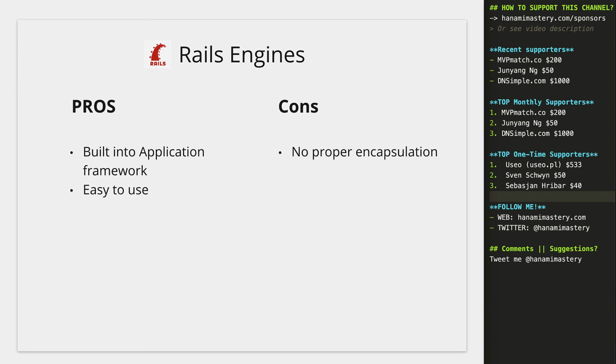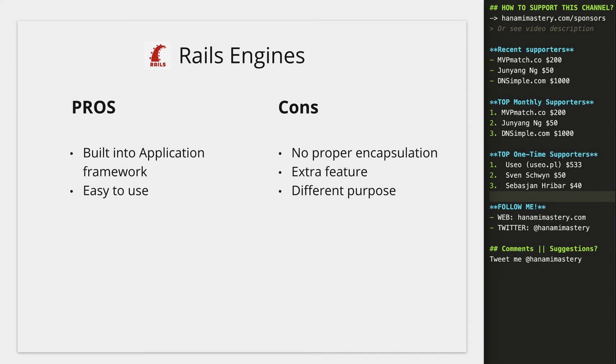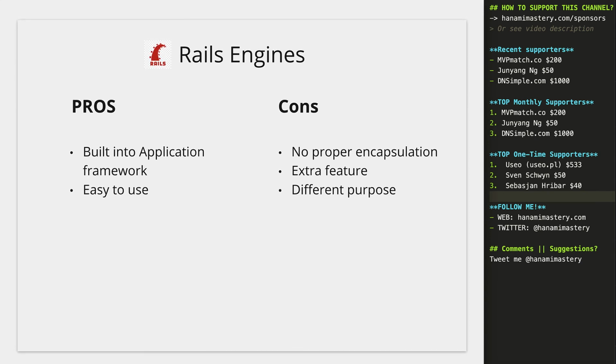Moreover, engines were never the main way of creating Rails applications, in contrast to Hanami slices, where slices are used by default and completely encapsulated. Finally, the purpose of engines is quite different. They're meant to inject shareable code, not to extract the business layer aside.